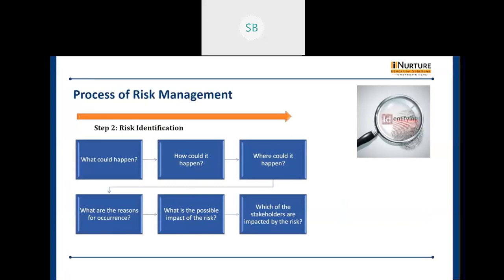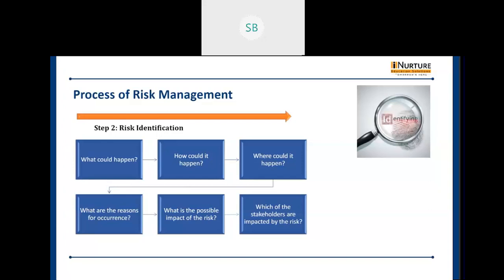Second is the risk identification. Once you have evaluated the context, then you have to identify the risk. These are the questions you need to ask when identifying the risk: what could happen, how could it happen, how could it affect your project or the organization, and what are the reasons for the occurrence of this risk.